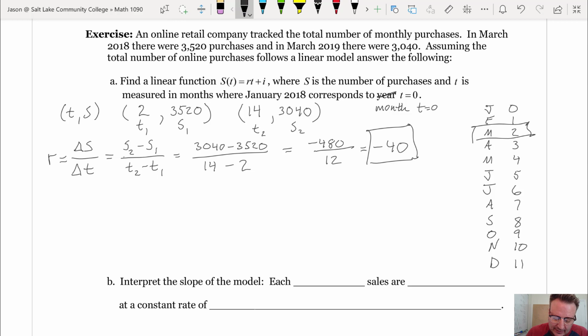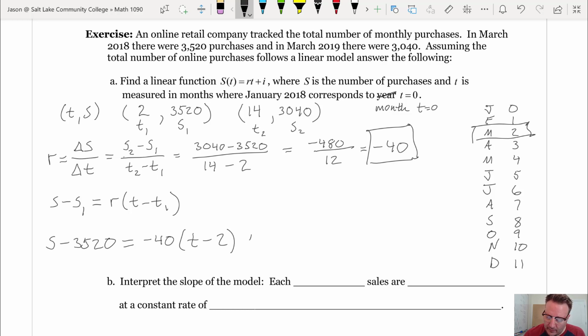In this context, it's going to be s minus s1 is equal to the rate of change, which we're calling r, times t minus t1. So we have s minus 3,520 is equal to negative 40 times t minus 2.